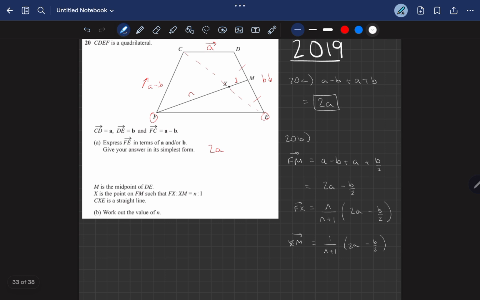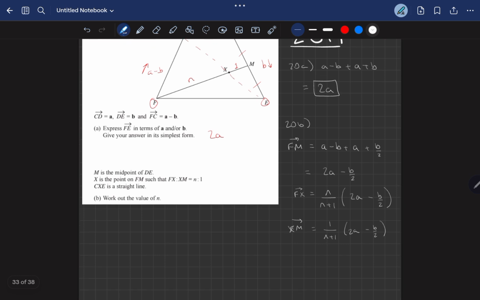Because they lie along the same line, CX times a certain constant is going to be CE, and CE will have no values of n in it.